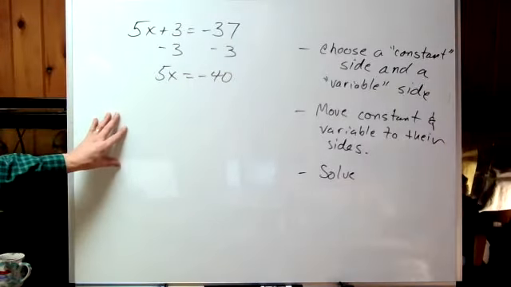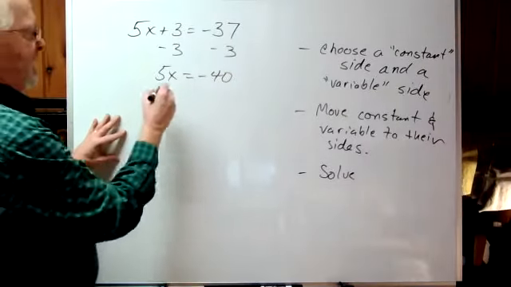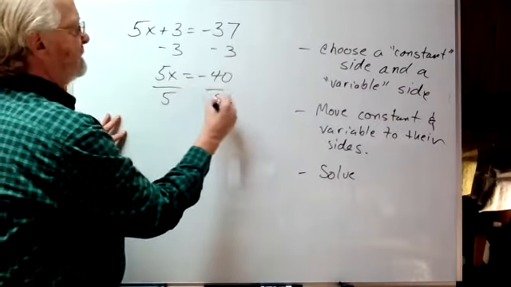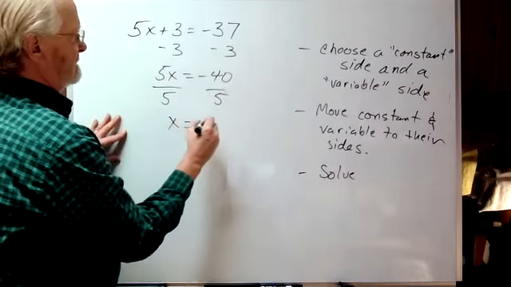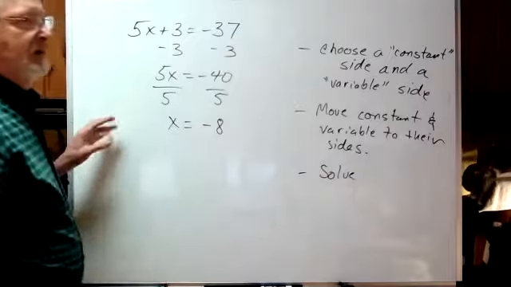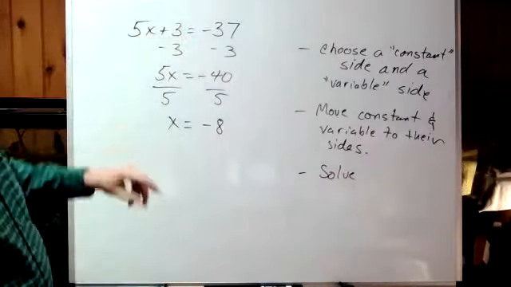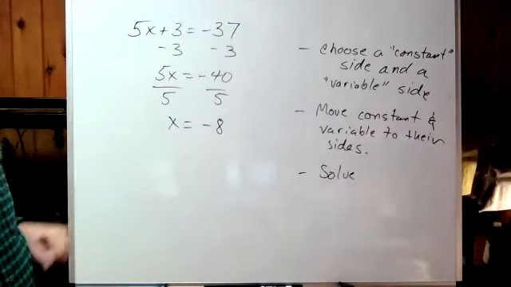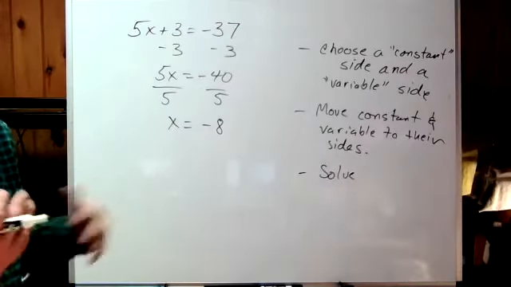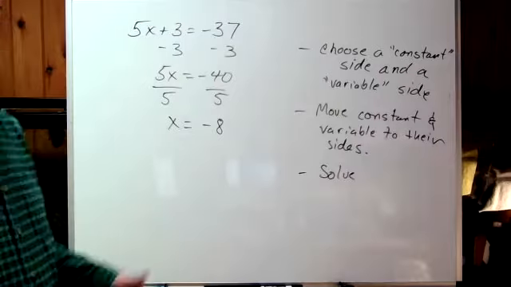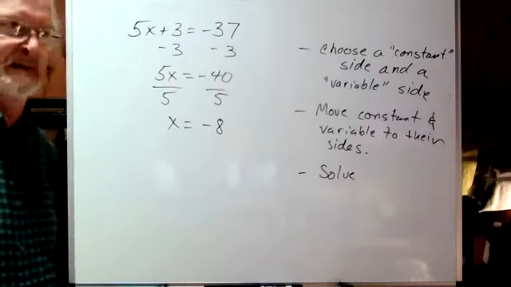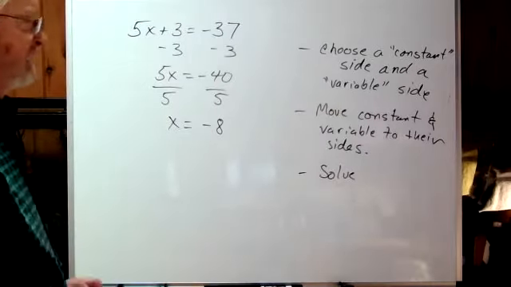Get to a similar situation there. And if I divide both sides by the 5, the 1x is -8. So what I'm doing is a combination of adding or subtracting from both sides and multiplying or dividing on both sides. So both of those kinds of operations, these would be called two-step equations in some texts or something like that.